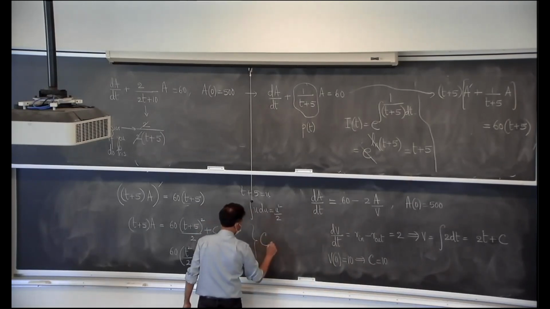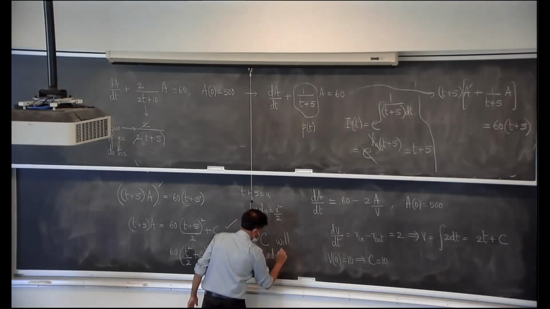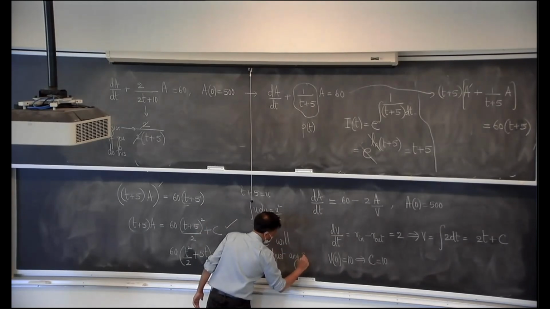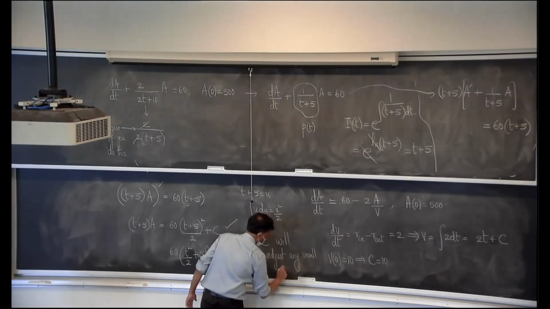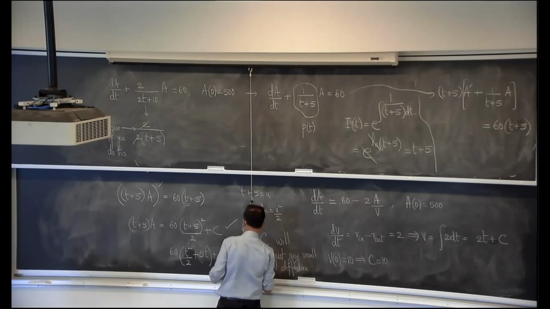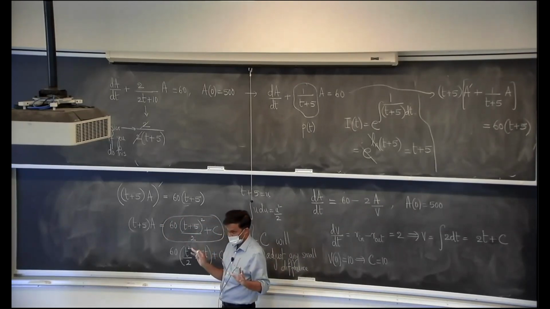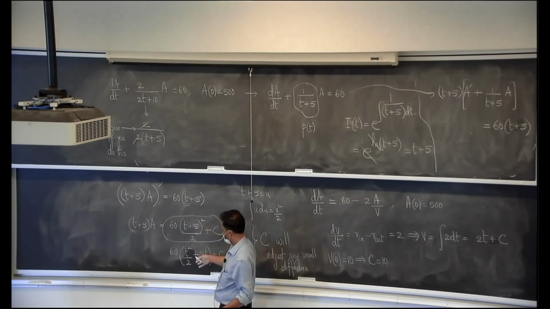So the C will adjust any small difference. I prefer this because it's a lot cleaner, but if you want to do this, that's okay. The only problem is that if you compare the values of C, they look different because they are two different functions.